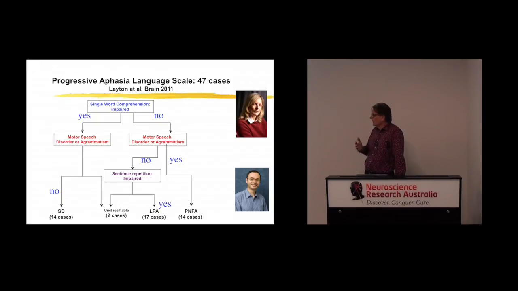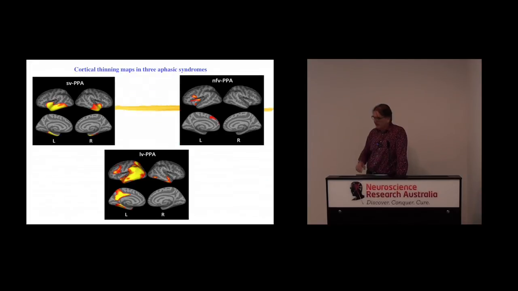We scanned these patients to know who had Alzheimer's in the brain using specific markers of Alzheimer's, and we looked at the clinical characteristics, and we found that analysis of three key aspects of language would distinguish these syndromes very well for us. And that maps very nicely onto the distribution in the brain.